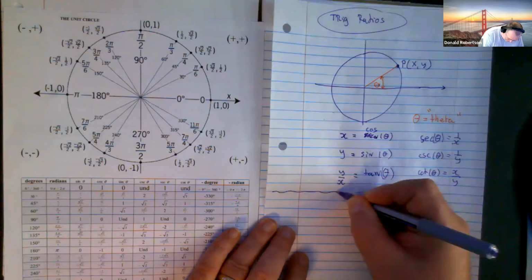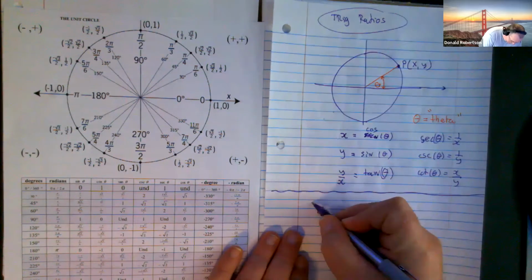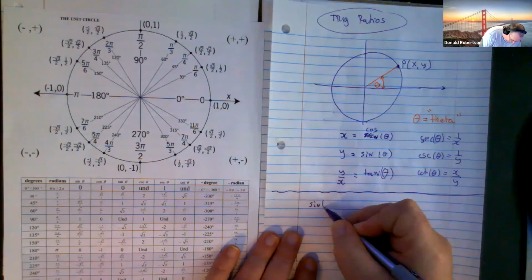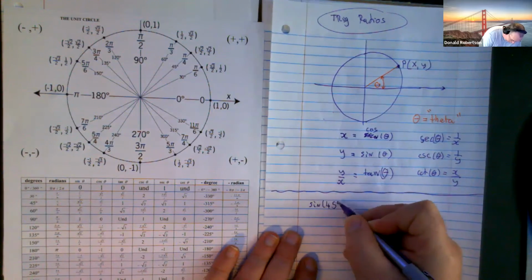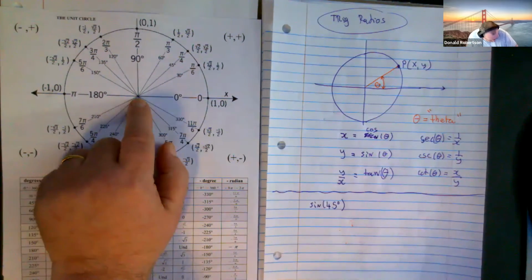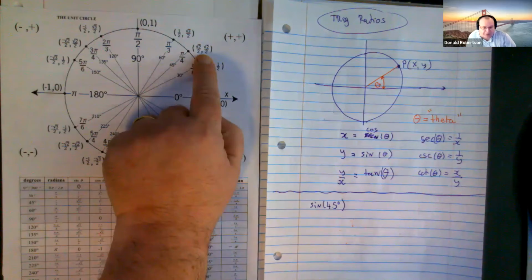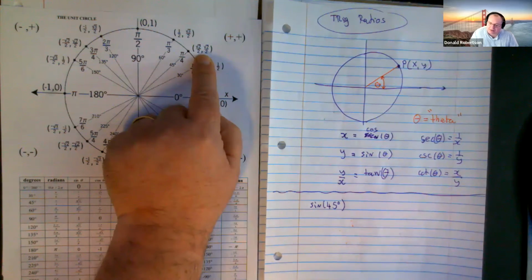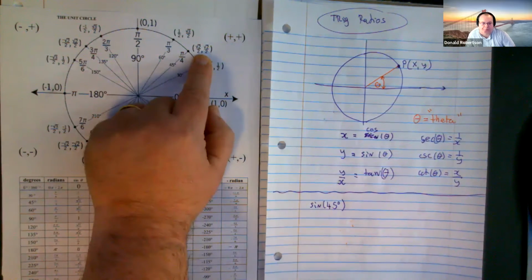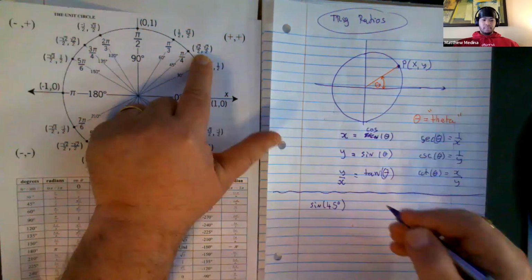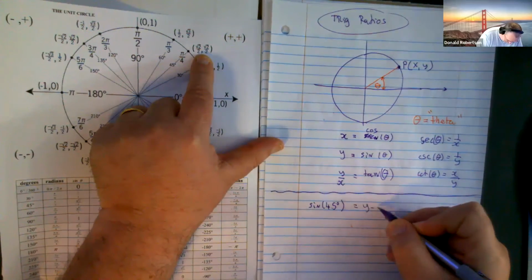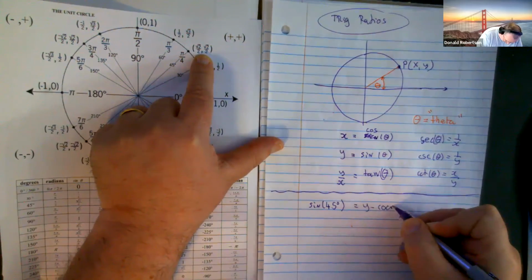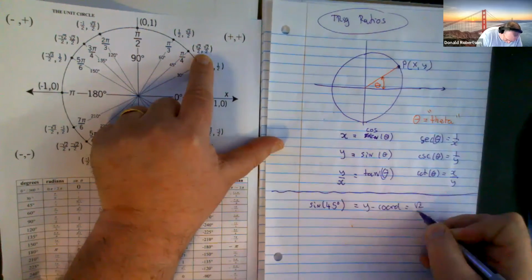So, for instance, if I asked you for the sine of 45 degrees, you'd go to your unit circle and you'd find that terminal point, right? Now, is the sine the x or the y coordinate? Y. Okay, in this case, that's the y coordinate, root 2 upon 2.